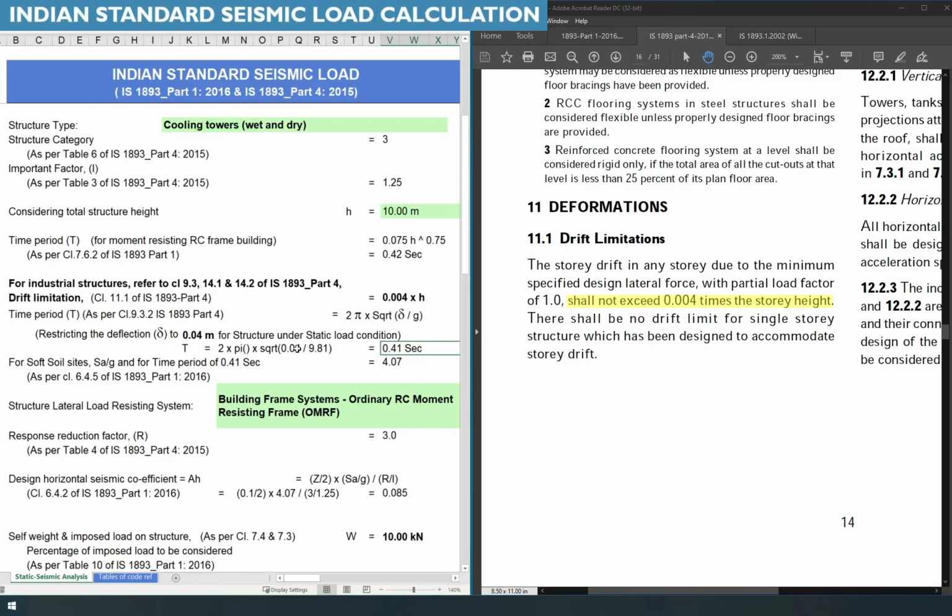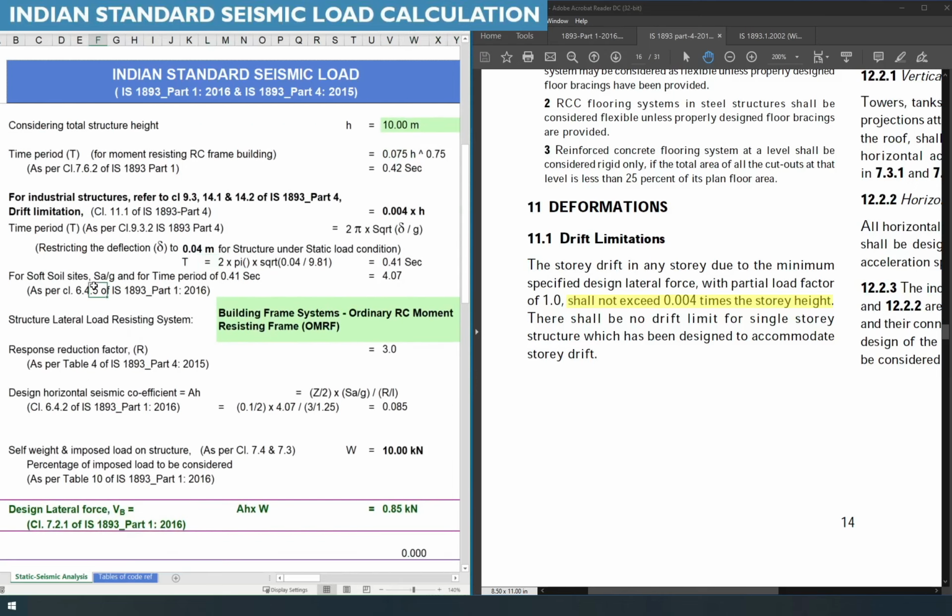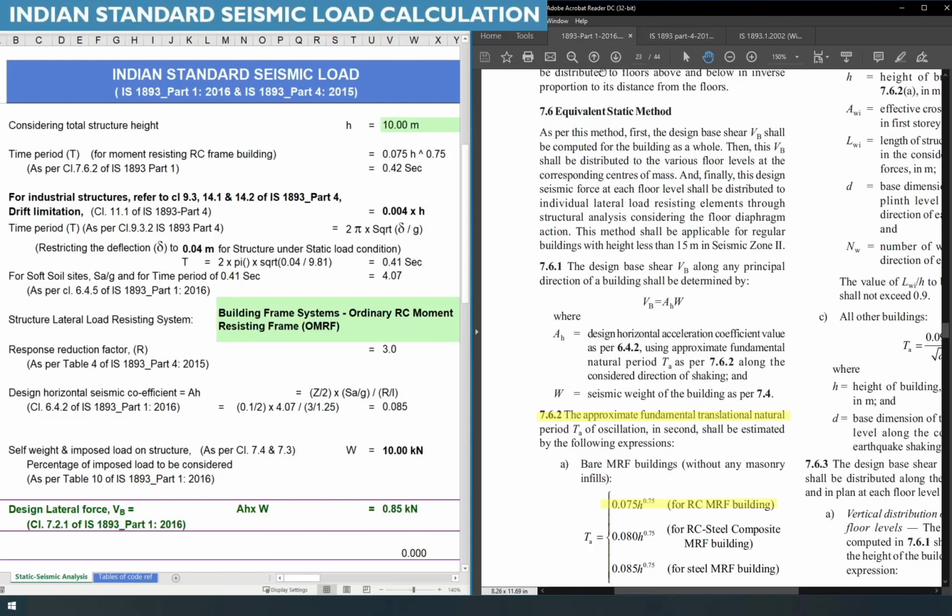So finally I am getting the time period T, and the next thing is I need to find out the Sa by g value based upon the soil category, which is soft soil for my site, and the time period, which is 0.41 second. In order to find the Sa by g value, we need to refer to IS 1893 Part 1, clause 6.4.5. For that, page number 12 is to be referred.